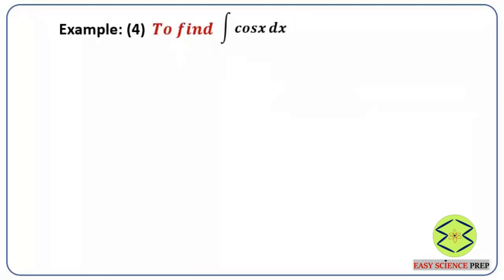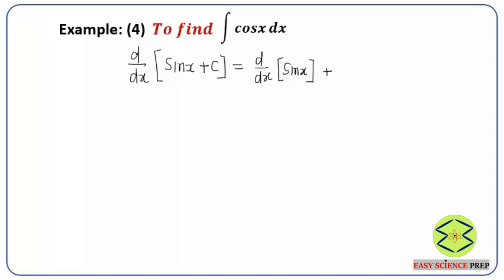So let's see another example here. We want to find the integration of cos x dx. So to find the integration of cos x, we shall be using derivative of sin x. Okay, so let's see derivative of sin x. We can always add a constant, because the derivative of constant is 0. So this is going to look like derivative of sin x plus derivative of constant c. So if you simplify this, derivative of sin x is going to be cos x, and derivative of constant is going to be 0.